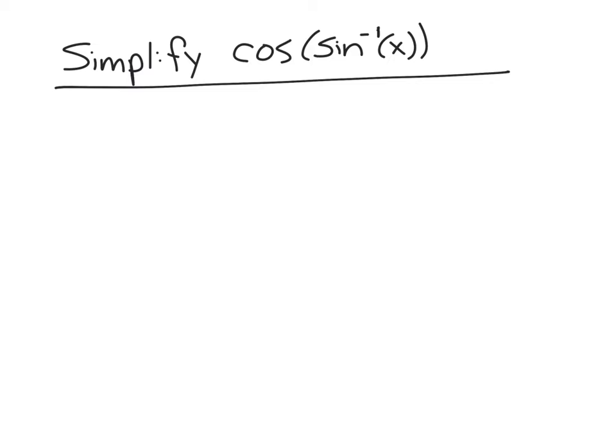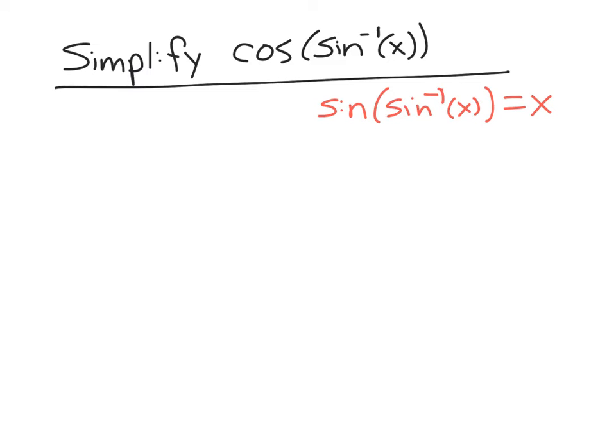So we want to simplify cosine of inverse sine of x. So here's how that's going to look. And we're going to need to take advantage of what we had on the previous page where we said sine of inverse sine of x is x. Okay, so we're going to use that.